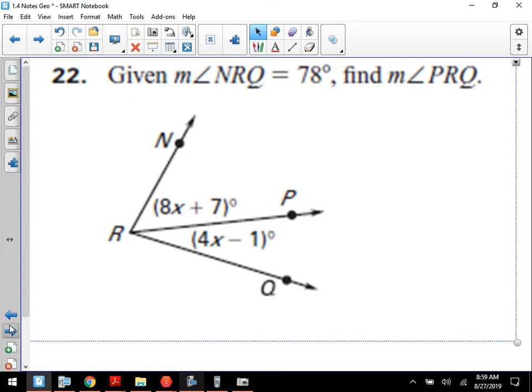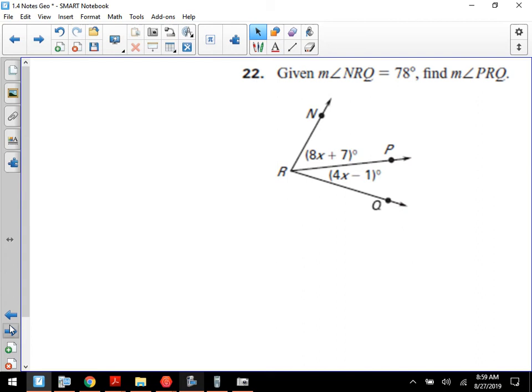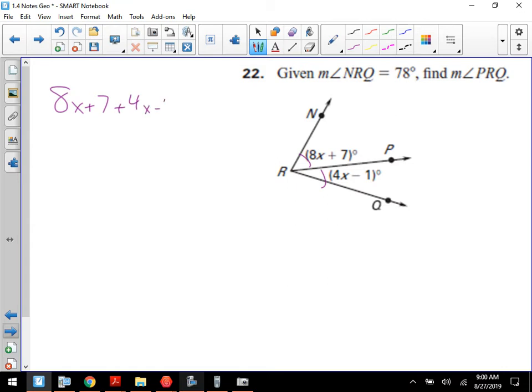So as you start putting this together, you can write, just like we did before with segments, that this angle plus this angle has to equal 78, so I know that 8x plus 7 plus 4x minus 1 is 78.